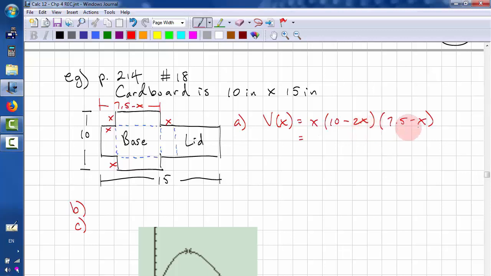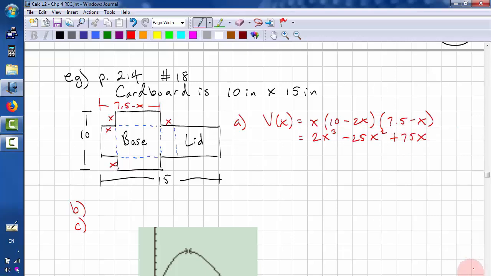So 2x times x, that gives us 2x cubed. We have 15x, another 10x, so that's 25x, but they're negative. And then we're multiplying by x, so x squared. And then 7.5 times 10, that's 75, and then we're multiplying by x.